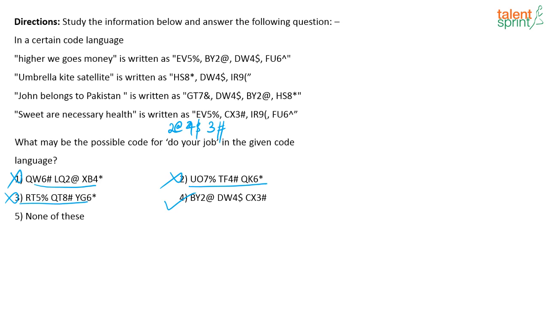Again, there is also a none of these options. So now let us think what could be the letter coding here. What is the letter coding that has been followed? See, what did we find out earlier? V was coded as BY2 @, okay. Then goes was coded as DW4 $, right?